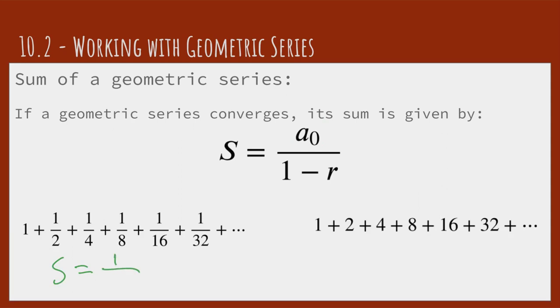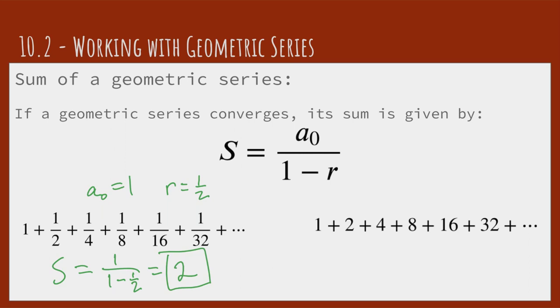Then we do 1 minus the common ratio. The common ratio is 1/2. So it's 1 over 1 minus 1/2, which simplifies to 2. So the sum of this geometric series is going to be 2.